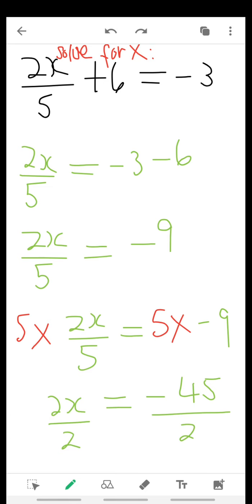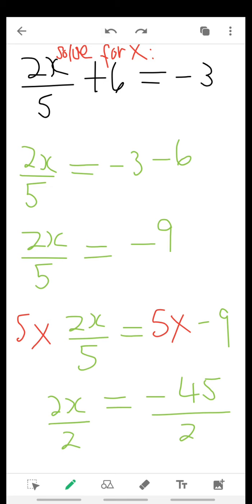And then from here, we see that we are dividing by a 5. So we can multiply both sides by 5. When we do that, the 5 and the 5 cancel. I'm left with 2x. Okay, 2x there. And then 5 times minus 9, I get a minus 45. And then I will then consider the 2x. How do I get rid of the 2?